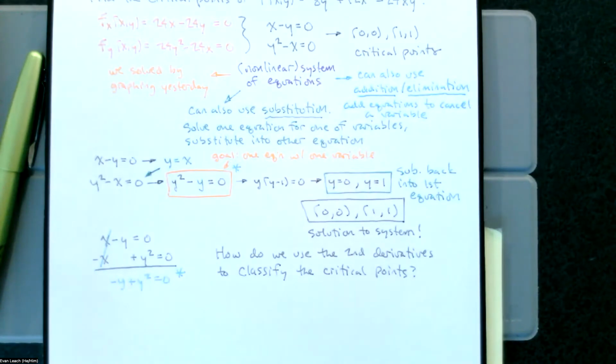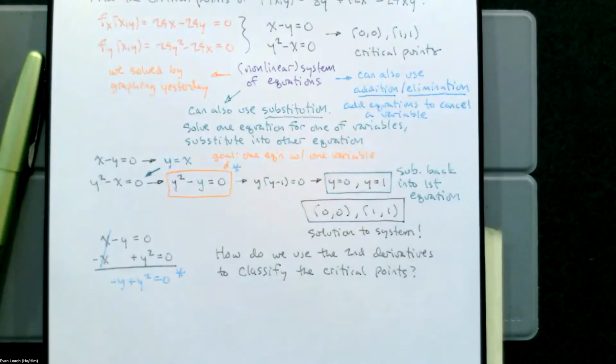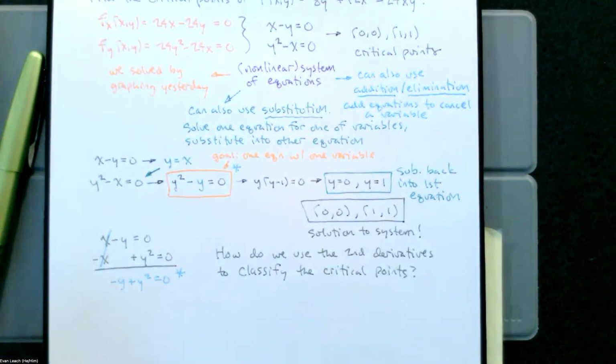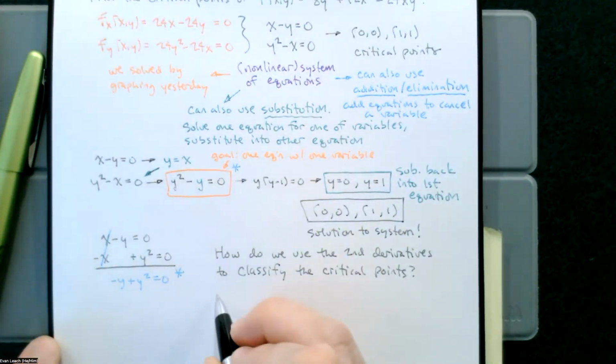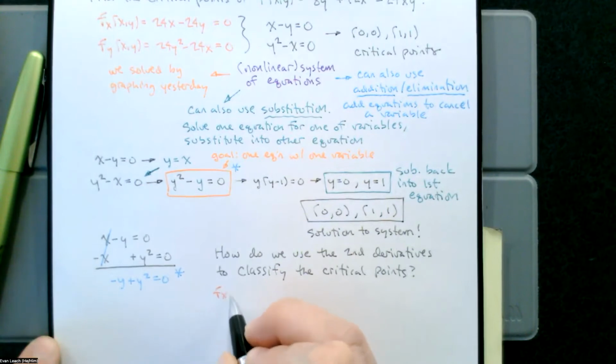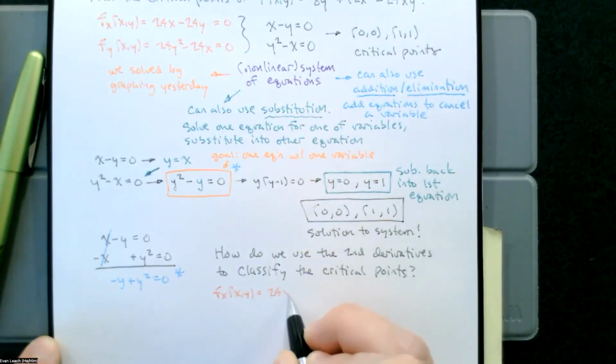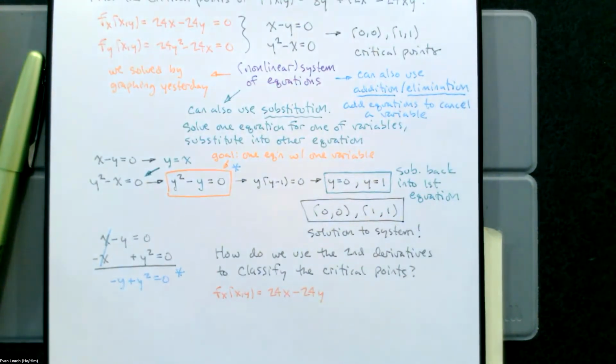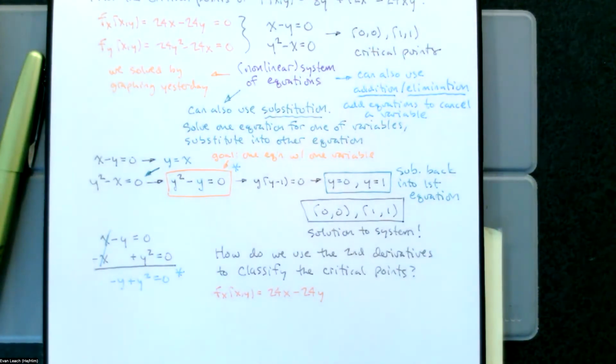Because there are 4 of them. There are 4 second derivatives. So fx is 24x minus 24y. And I can take 2 derivatives of this function.